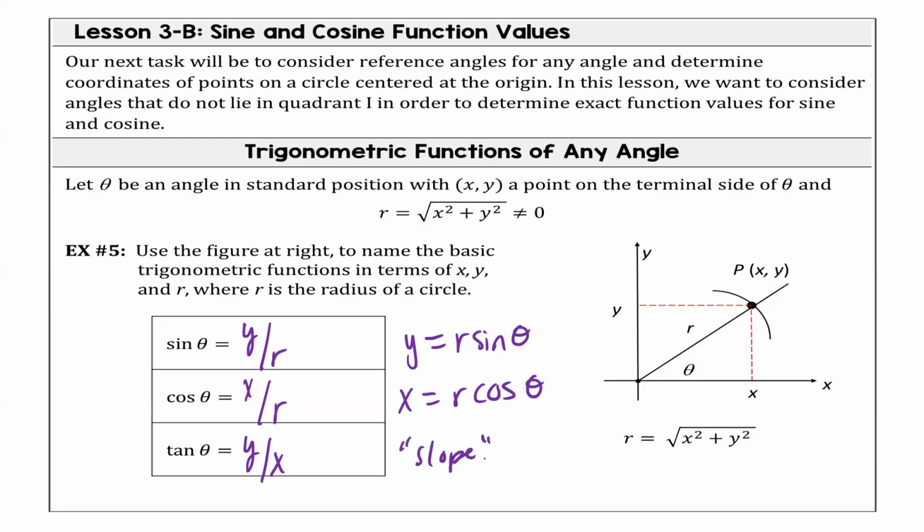The change in your y over the change in your x. So now, if I know my radius and my theta, I can automatically find my x and my y. Does that make sense? Yes? We start building on? All right.